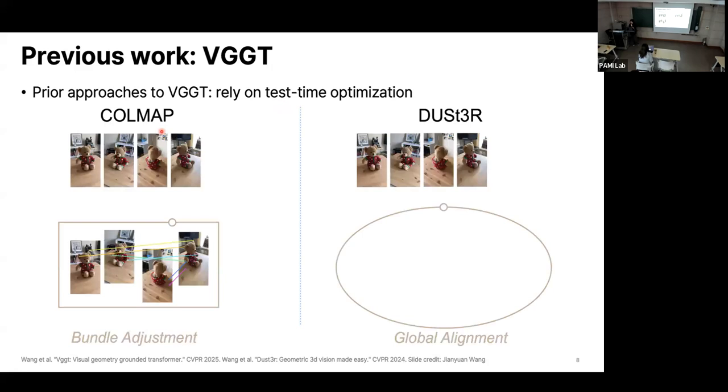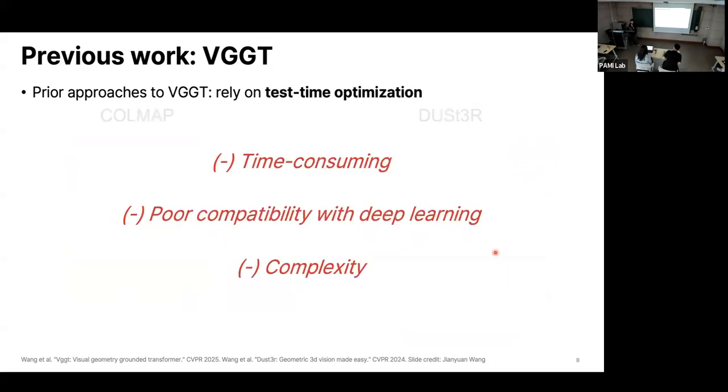A recent deep learning framework is DUSt3R, which predicts pairwise point maps and uses global alignment to fuse them. This is just a global optimization process. All of these previous methods were time-consuming optimization processes.